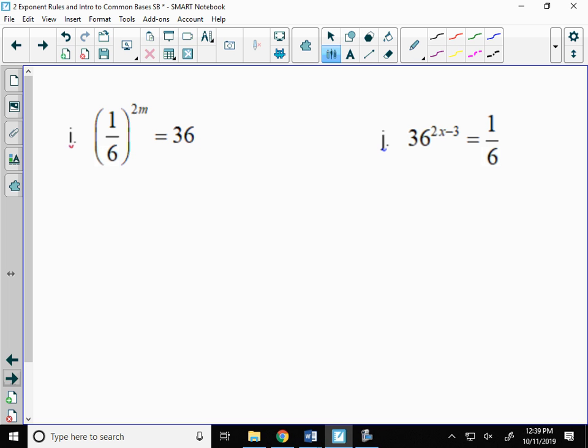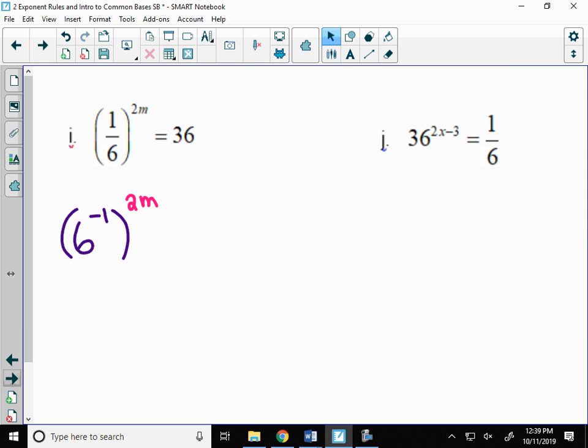I have 1 over 6 and 36. What base do you think you're going to use for 1 over 6 and 36? 6. Okay. How do I rewrite 6 to what power to give me 1 over 6? 6 to the negative 1. Right? And then my exponent stays the same of 2m.